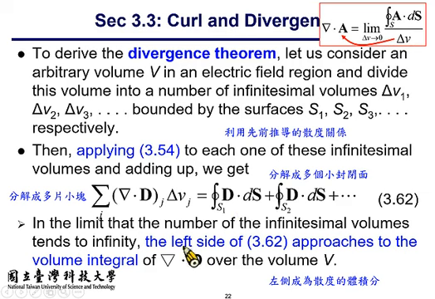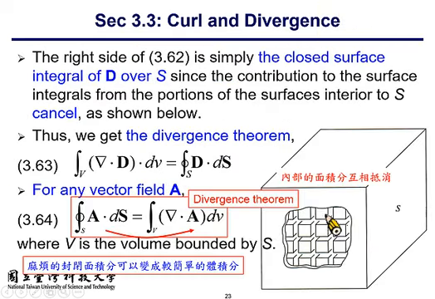And the trick is, if you look at this relationship graphically, you know that to the left is the volume integral of the divergence of D in this relatively large region, while to the right is the summation of closed surface integrals of many small regions.